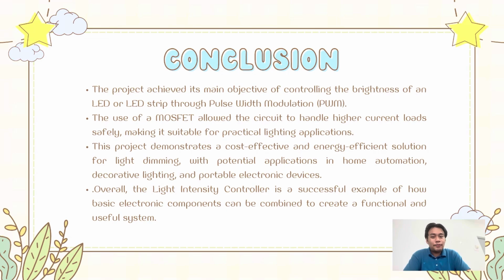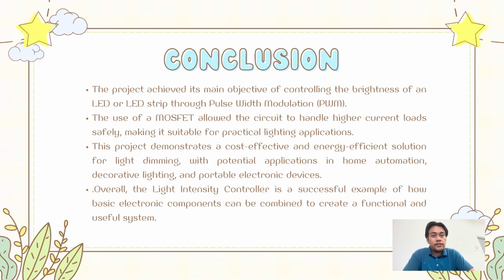Okay, now we can go right to the final part, which is the conclusion. The project that we have done has achieved its main objective of controlling the brightness of an LED or LED strip through pulse width modulation.